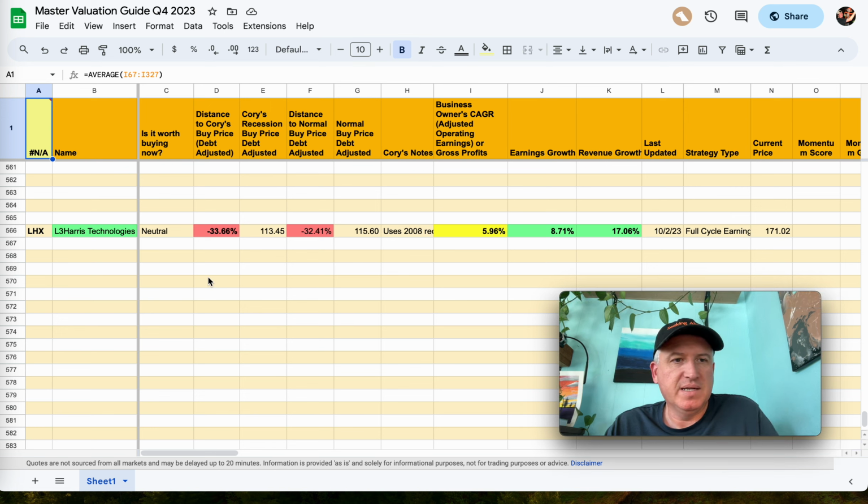I just isolated LHX here, but we track over 550 stocks, and they update in real time here, at least the price updates in real time. So the earnings growth rate is what we're trying to figure out here, and mine is a little bit more conservative than FastGraphs because of those share buybacks, because of that one down year, and because I'm using forward earnings. So that all makes sense. That's about a 1% difference or whatever.